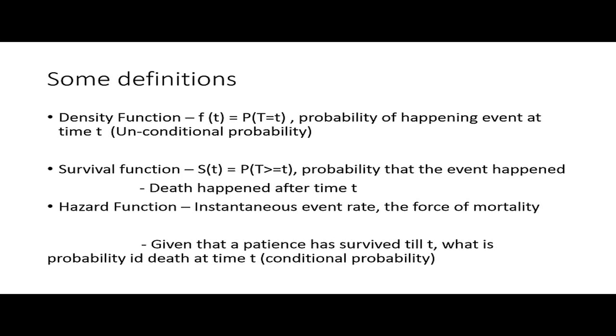A particular patient has survived up to the second year. What is the probability that it's going to die on the very second year itself? Okay, so we have the information till the second year, and we want to know what's the probability it's going to die at the same time, or the instantaneous time. That is something about the hazard function.